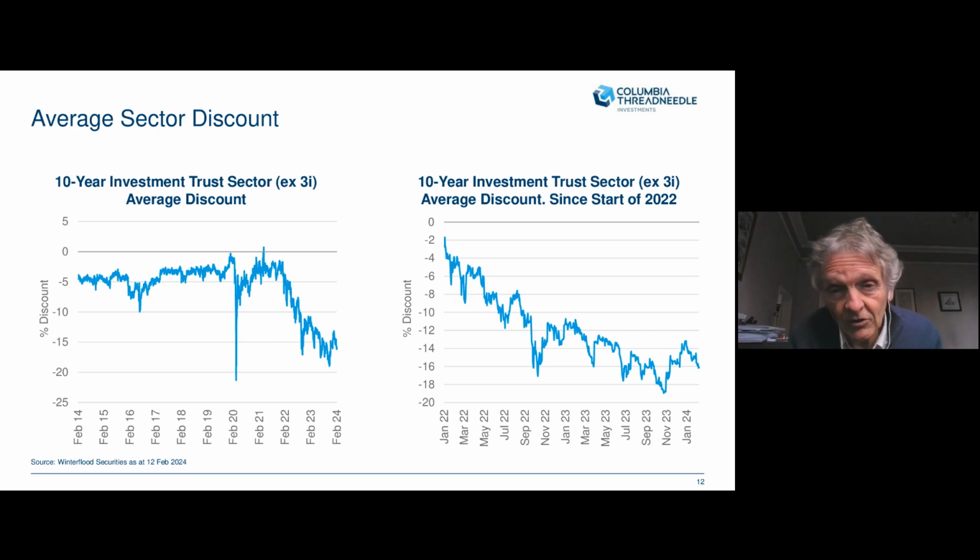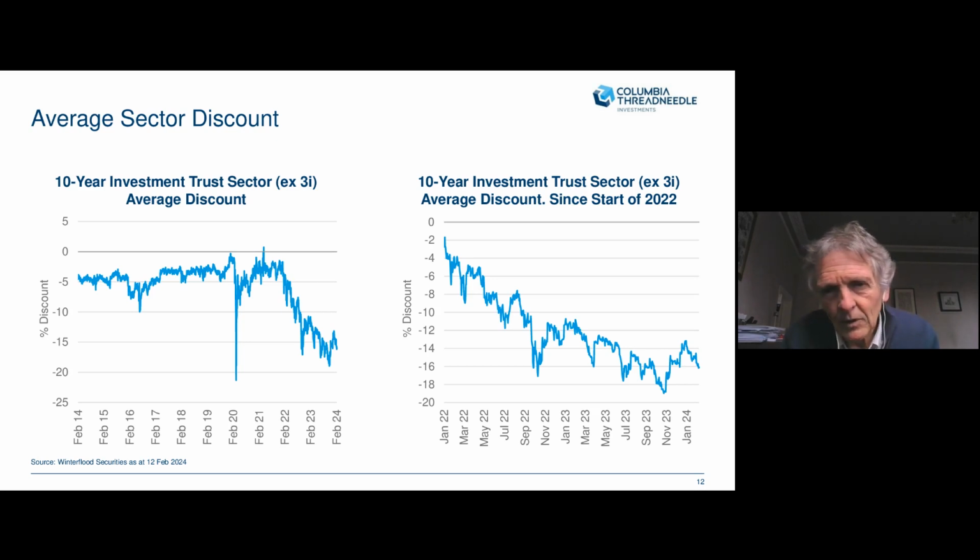But this steady widening of discounts reflects the unattractiveness in some quarters when inflation is rising and interest rates, in order to combat inflation, have been increased. One of the side effects was on investment company discounts, and at 19, almost an all-time high.